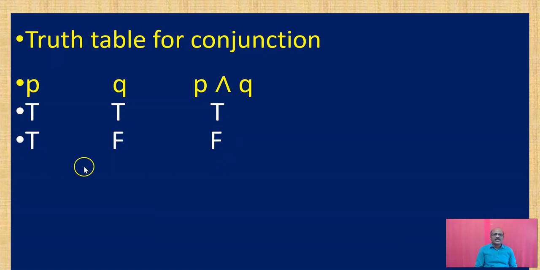Next, P is T, Q is F. Both of them are not true, therefore it is F. Again here, F and T, both of them are not true, therefore again it is F. Now the last, both of them are F, therefore the final is also F. Therefore, to remember this, if both of them are true, then it is true, otherwise false.